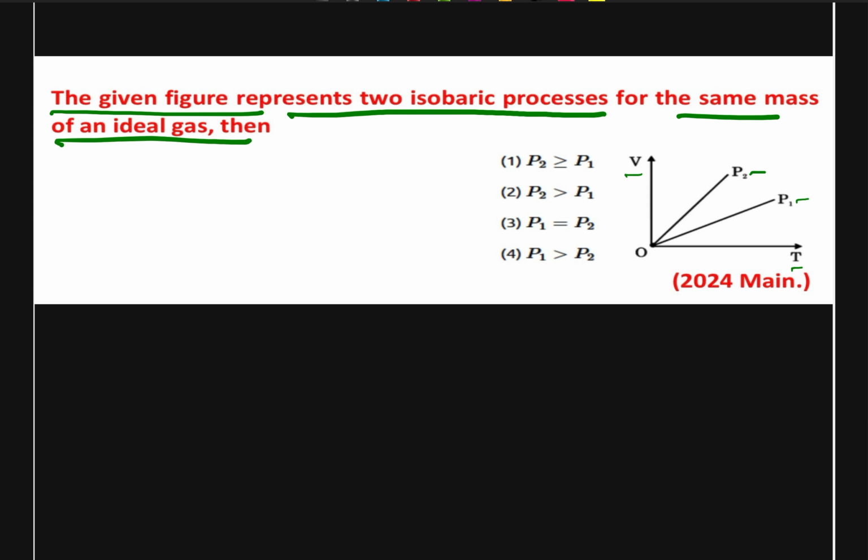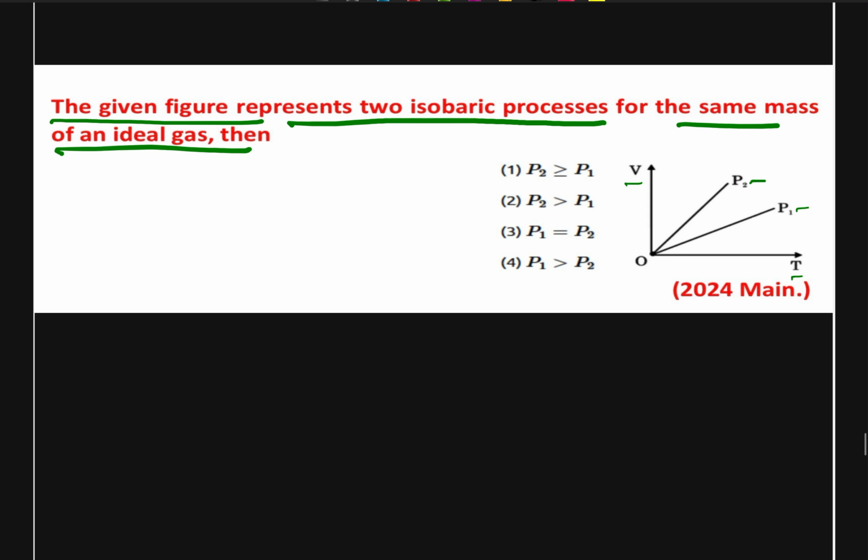ideal gas law, and we know that for an ideal gas we have PV is equal to nRT.